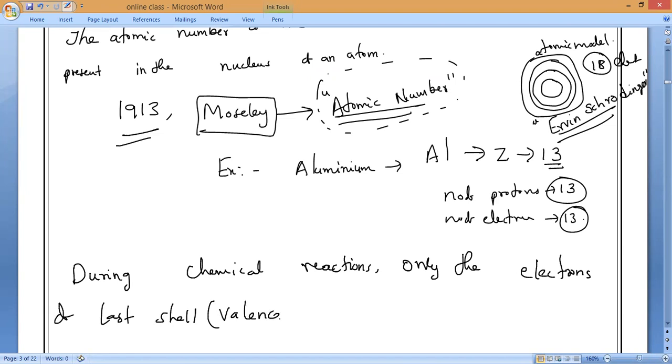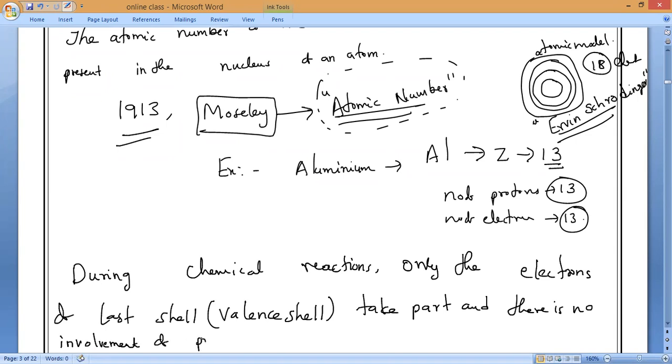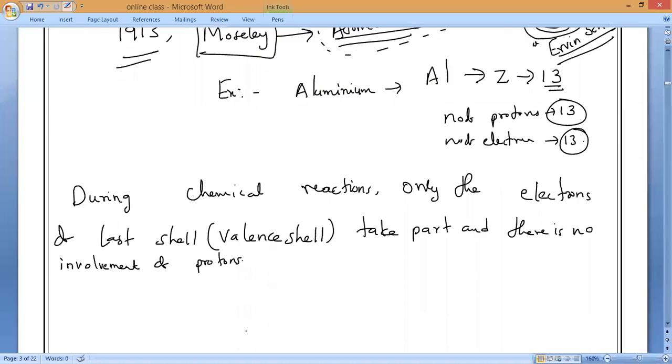What is the name of that shell? The valence shell. The electrons of the valence shell take part, and there is no involvement of protons. So the atomic number of an atom remains the same.